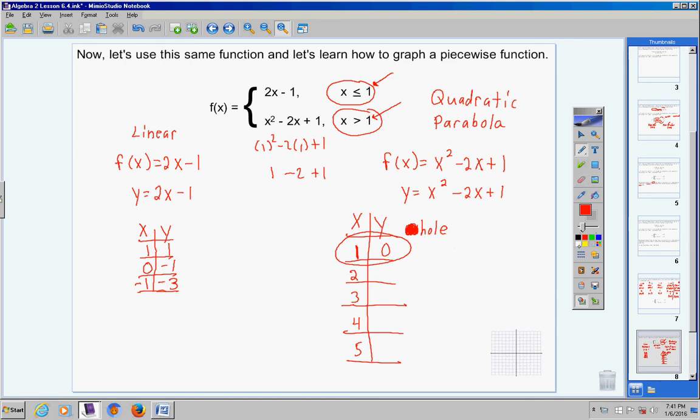Now, let's go ahead and put what in for x next? 2. And I should have used the eraser on that, shouldn't I have? It would have been a lot faster. Now, let's go ahead and substitute 2 in for x. So, 2 squared, negative 2 times 2, positive 1. 2 squared is 4. Negative 2 times 2, negative 4, positive 1. So you get out a 1. Alright, fair enough.